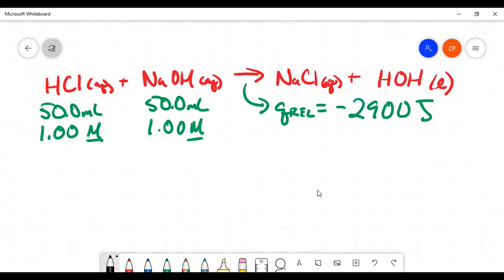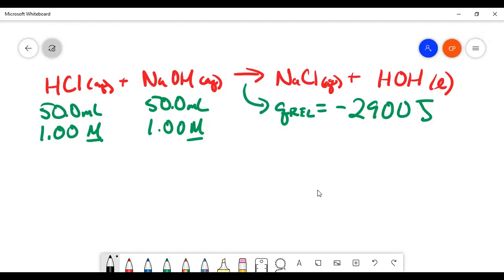The reaction we were talking about where we had hydrochloric acid and sodium hydroxide combined, and by knowing what happened in the aqueous solutions of hydrochloric acid and sodium hydroxide, we were able to identify some amount of heat released when we combined the two and made salt and water.